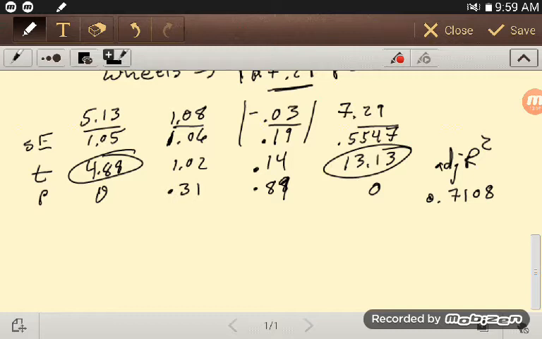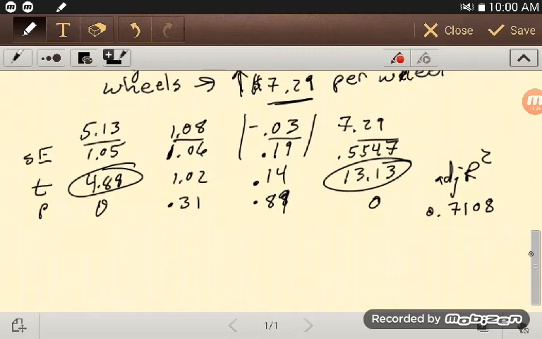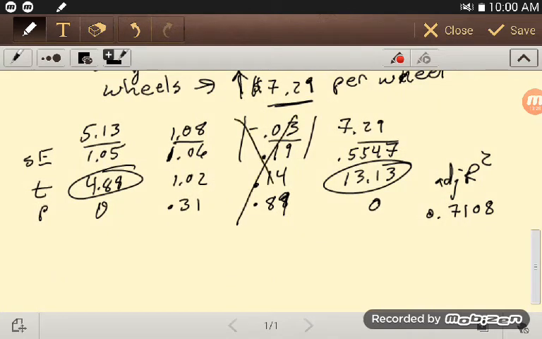What we might do is first, looking back here, our worst thing was the length of the auction. I mean, they had a p-value of 0.89, right? So let's take that out and redo this model with just the condition, the photo, and the wheels.